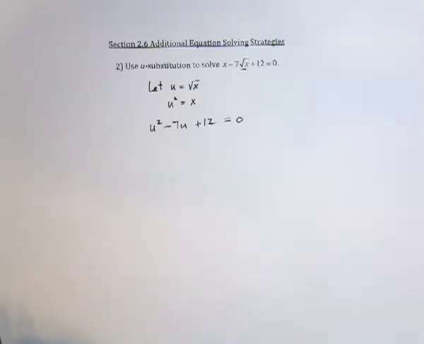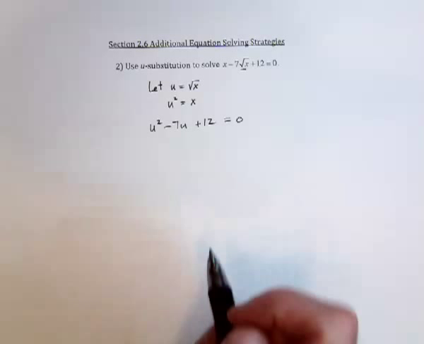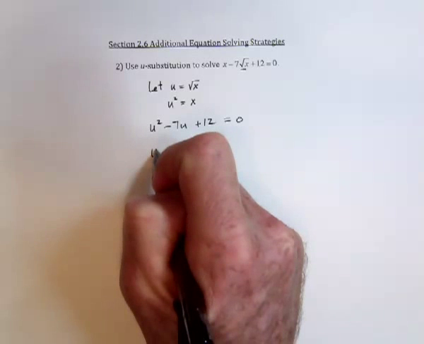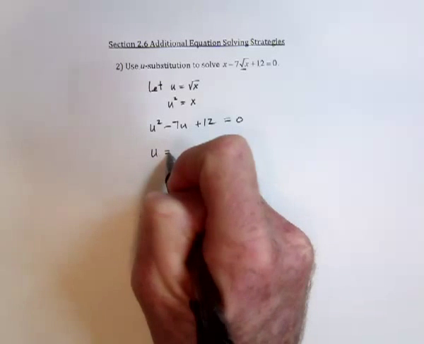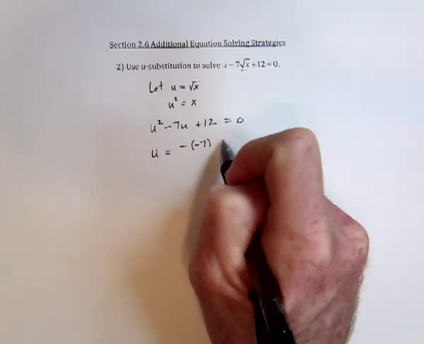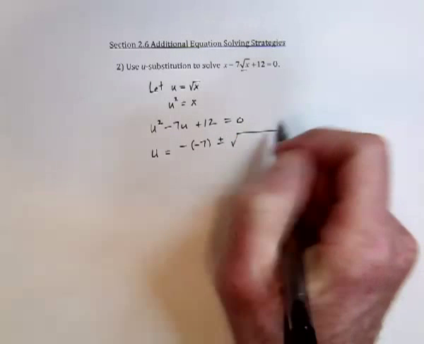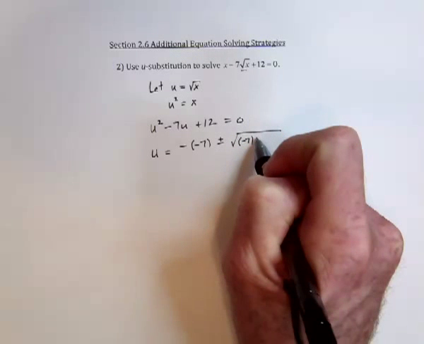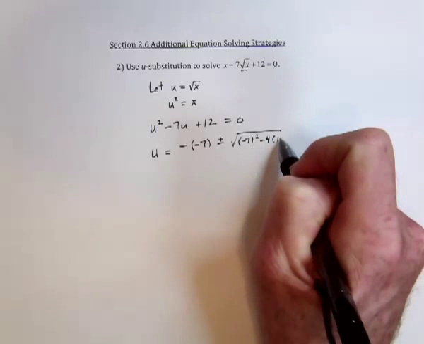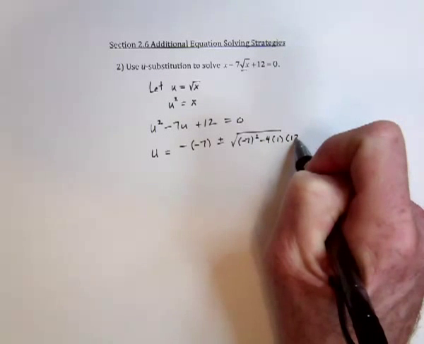And now it's a problem that looks like it can be either factored or use the quadratic formula. I think that I'll use the quadratic formula. So it's going to be u is equal to negative b plus or minus the square root of negative b squared minus 4 times the a, which is a 1, and the c, which is a 12.